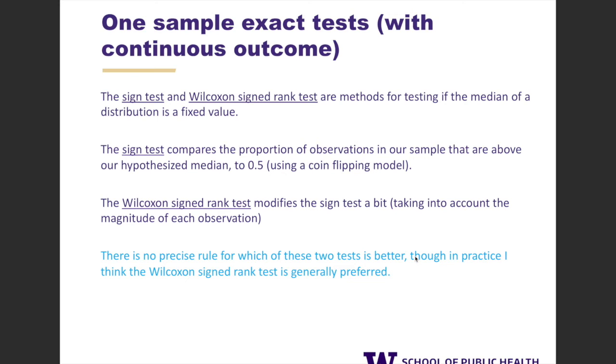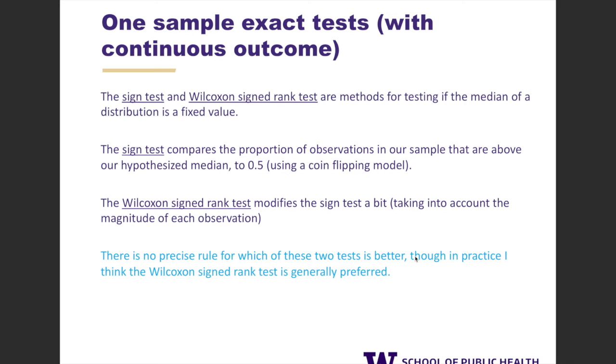And we say, if in truth that is the median in our population, then for each person there's a 50% chance they have a height above the median and a height below the median. And so we can compare the proportion in our sample to that 50% and see if it is significantly different from 50%.